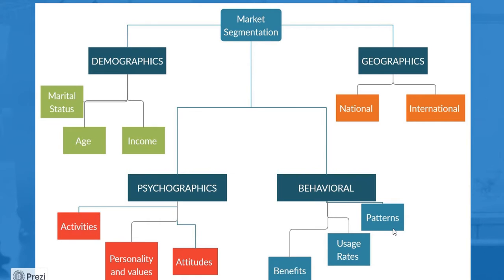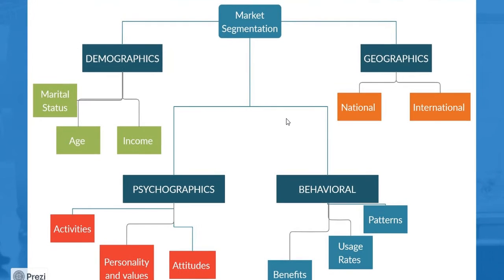Behavioral, you have to define their patterns, their usage rates, their benefits. What this graph is telling you is that you're trying to divide the people you can influence into sections. Okay, you're trying to profile this persona, this customer, so you can get to know the customer better.